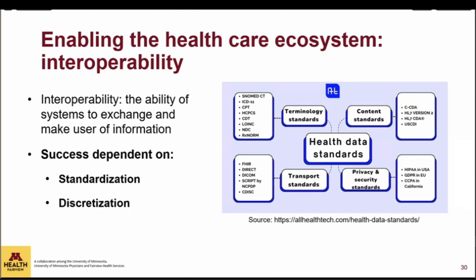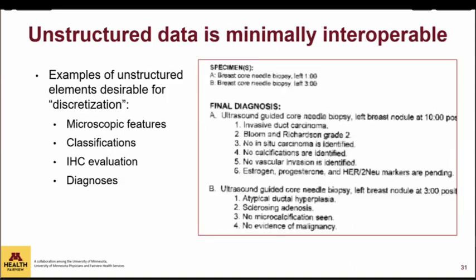And we generally achieve this in our health data using data protocols and standards, whether it's for terminology standards, transport protocols, and increasingly, technology standards as well. So the success of unlocking our data for integration will be on standardization and discretization.